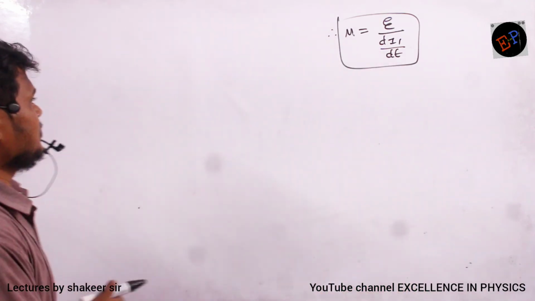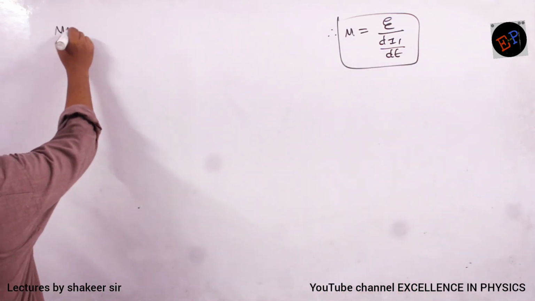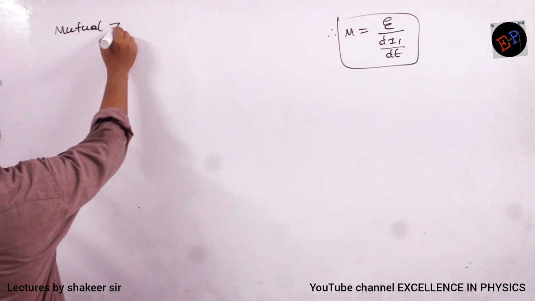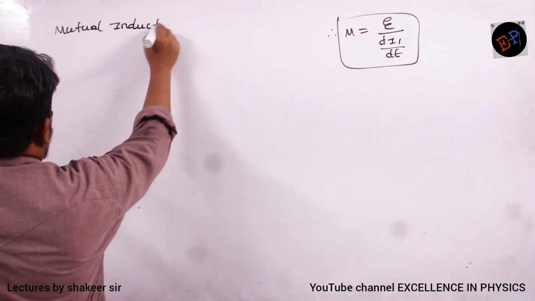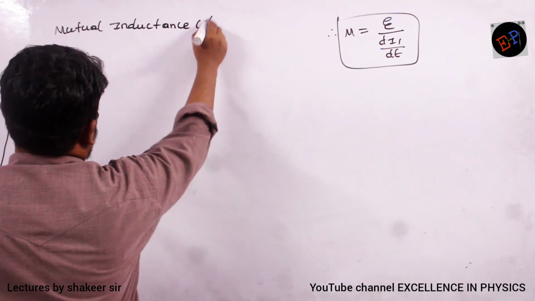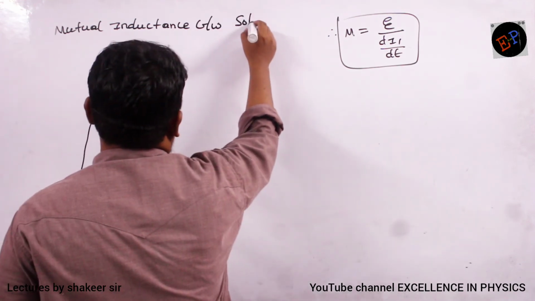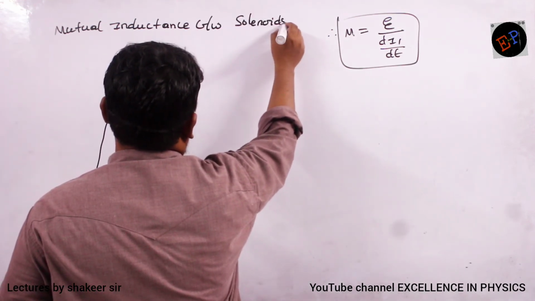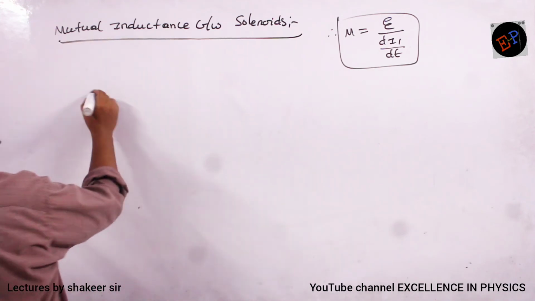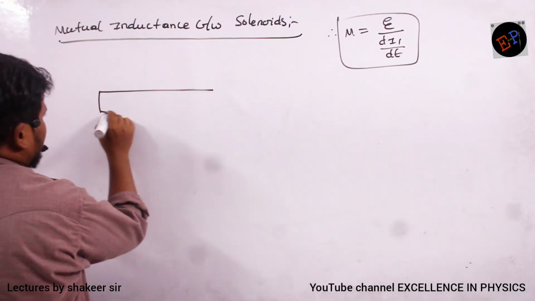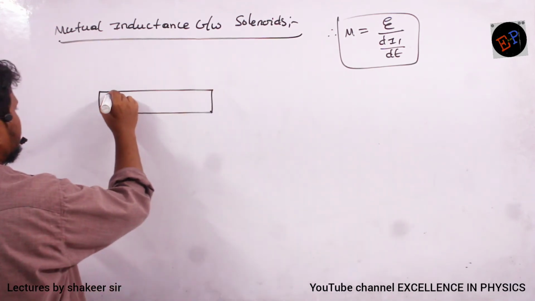Okay, so mutual inductance between two solenoids. This is a core on which we are winding two solenoids.